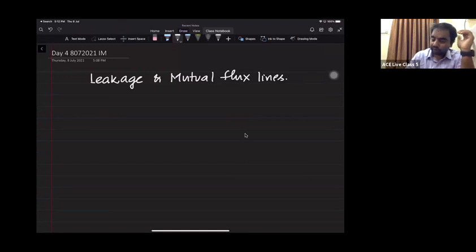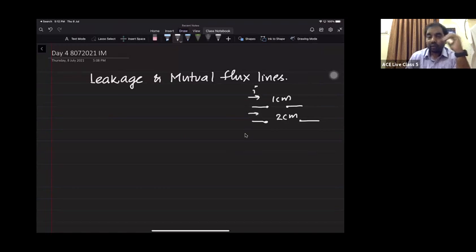For example, say I have an air path of length 1 centimeter and another of length 2 centimeter. One flux line is coming here and one flux line is coming here. Which path will offer high reluctance? The 2 centimeter path.